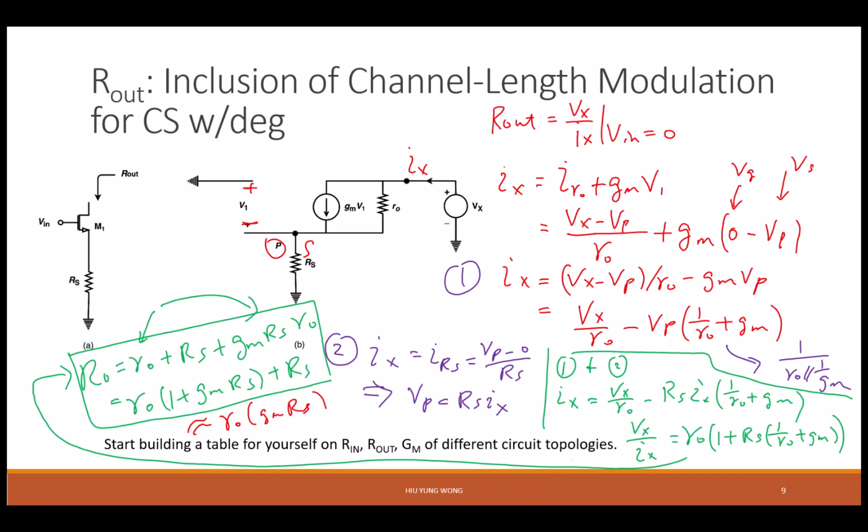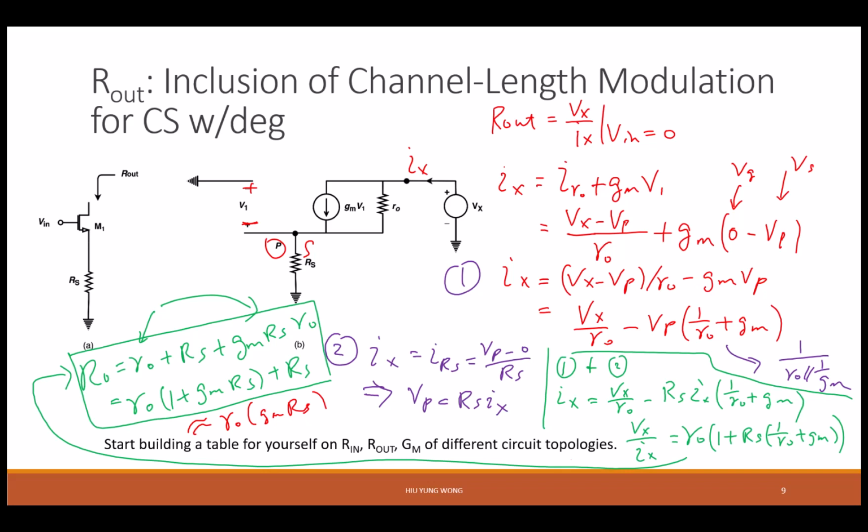Do you see that? Because this is much larger than 1, so I can ignore this 1. Then I have R0 GmRs. But R0 is also much larger than Rs, then I can ignore this Rs also. So eventually I have R0 times GmRs.